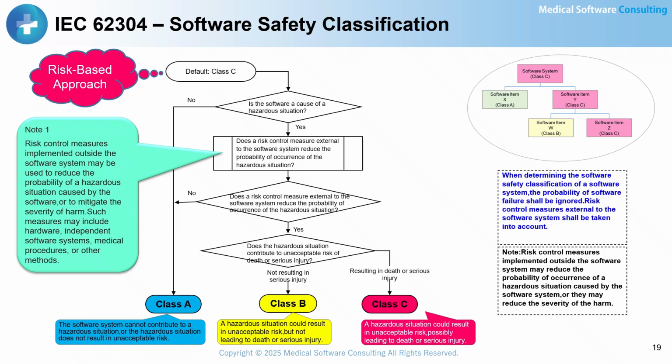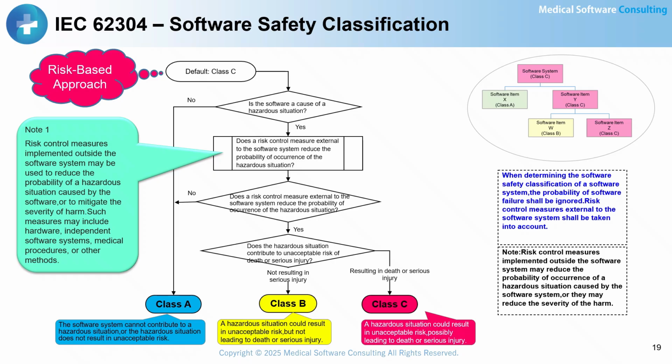In the flowchart used to evaluate the software safety class, if risk control measures outside the software system, such as hardware-independent software systems or medical procedures, can prevent the risk caused by the software, then the classification may be reduced to Class A. Furthermore, IEC 62304 takes the position that it is extremely difficult to predict the probability of software failure.